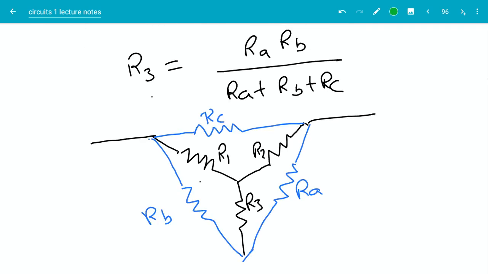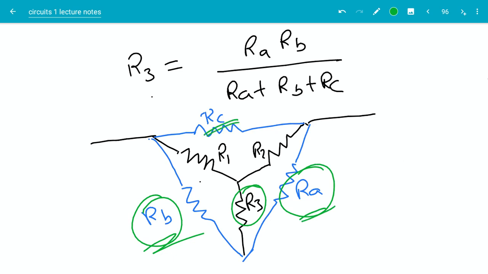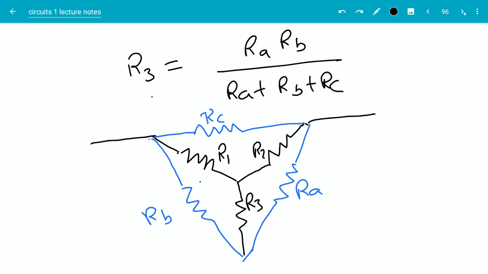If you notice in the formula for R3, then R3 can be expressed as the product of its adjacent resistors Ra Rb divided by the sum of all three resistors in the delta circuit. Then we can use the symmetry in the circuit to write down the formulas for other resistors.